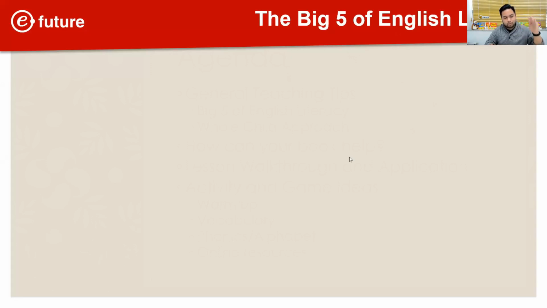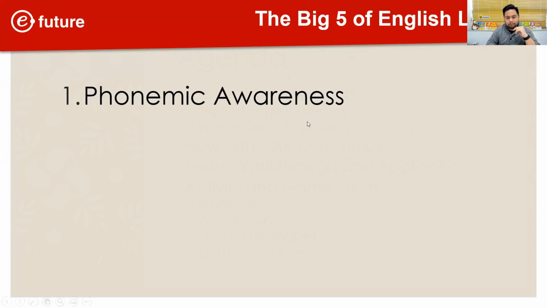So the first one, we're going in order here, in the Big Five, we're looking at phonemic awareness. Does anyone have an idea what phonemic awareness is? This is the step that comes before phonics. So I'm already giving you the answer for number 2, but phonemic awareness comes before phonics.